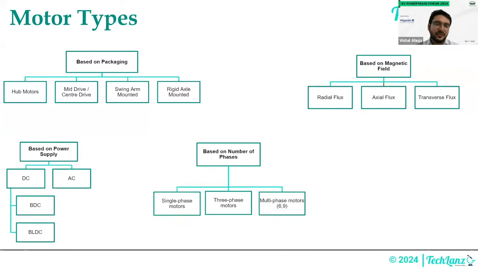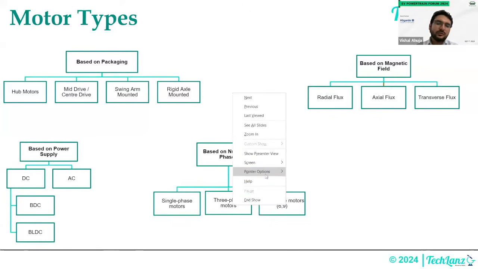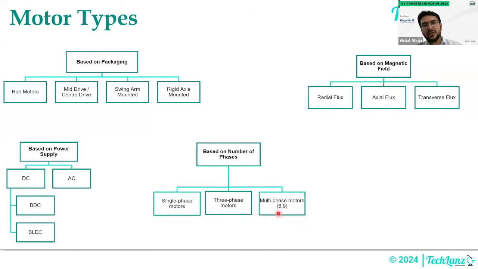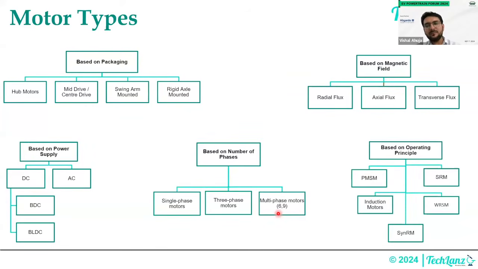You have typically three-phase motors, and now the trend is going towards using multi-phase motors also when you're talking about sports cars and very high efficiency motors, right? This trend is also coming up now. Then based on operating principles, you might have heard of PMSM, surface mounted magnets, internal mounted magnets, SRM, induction motor, WSRM, SynRM. I think people covered this as well, right?